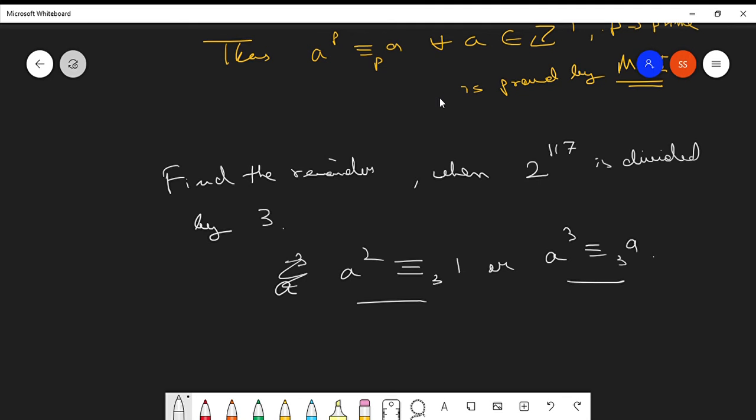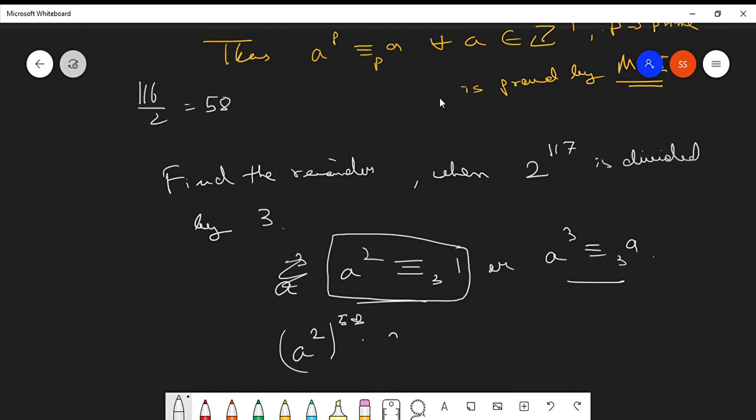Using this is actually more beneficial because then we can directly use Euler's totient function. So if we break 2 to the power 1117 into parts which have the power of a square, that is a square to the power 558 times a, this equals 2 to the power 117.